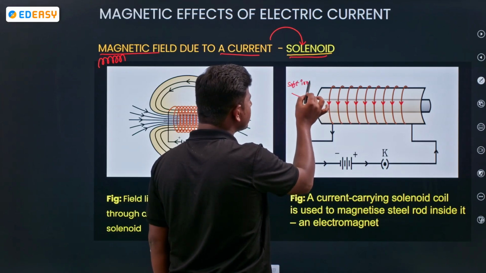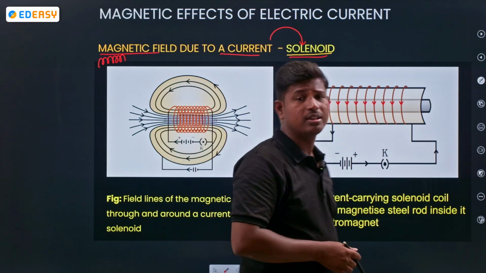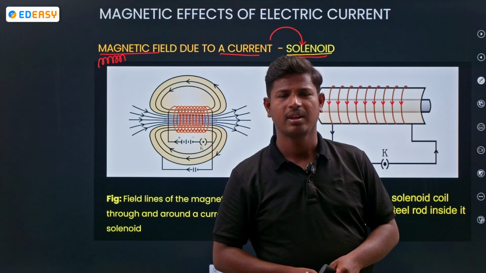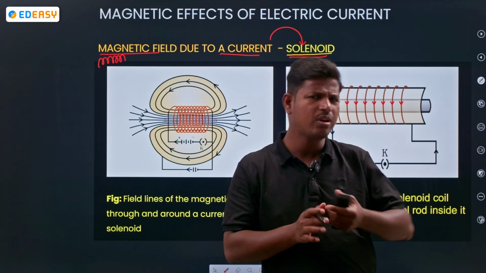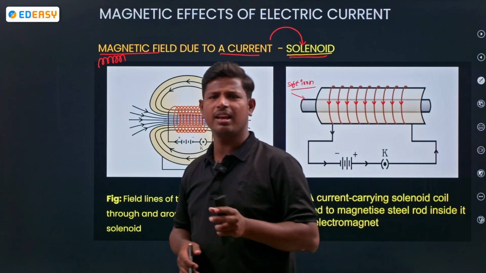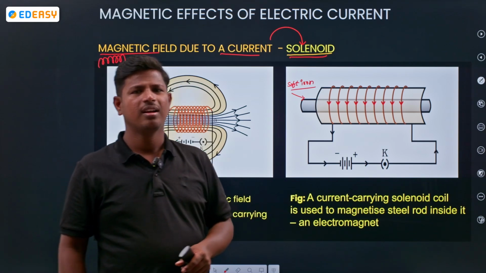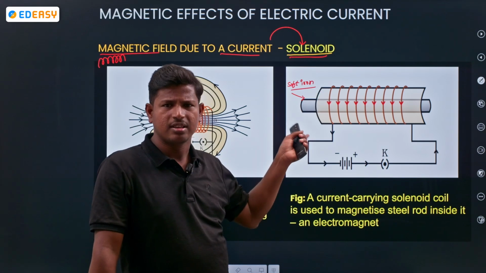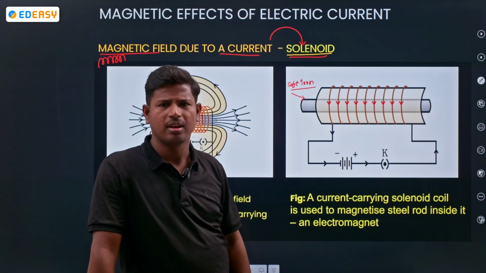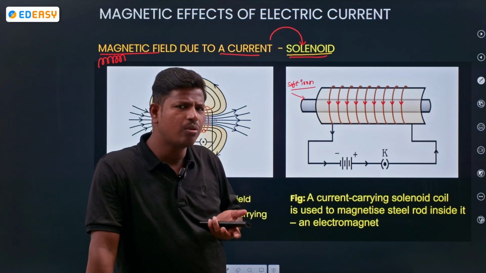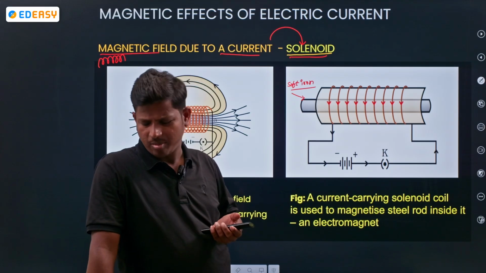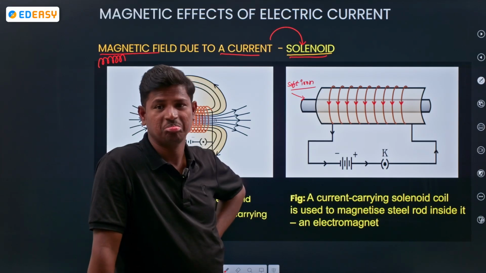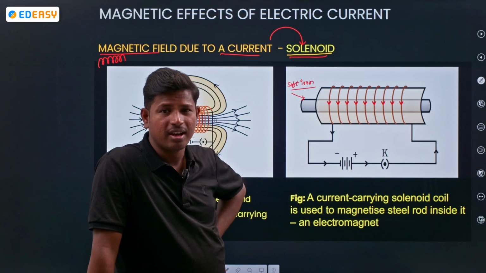Soft iron they place. They take a wire, and inside the wire they keep soft iron. Are you getting any doubt here? Anybody from the comment section? No, sir. You are also not getting any doubt?